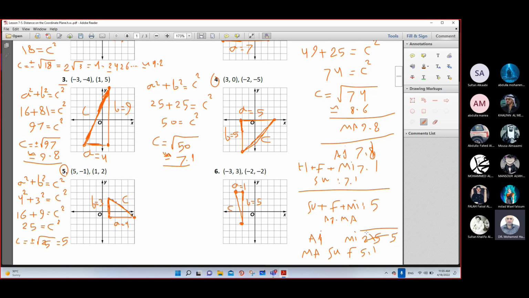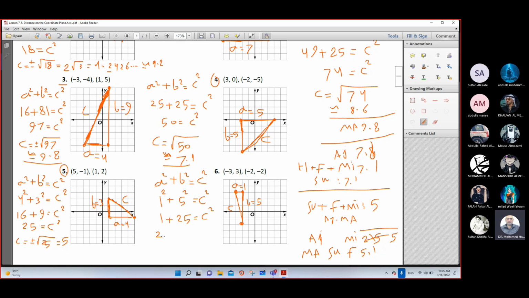5.0. Of course you need to square the 1 and square the 5, and add them. It becomes 26. Let's see: A squared plus B squared equals C squared. A squared means 1 squared plus 5 squared equals C squared. So A squared means 1. 5 squared means 5 times 5, 25, equals C squared.